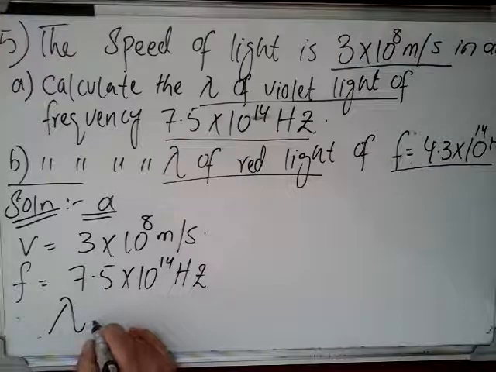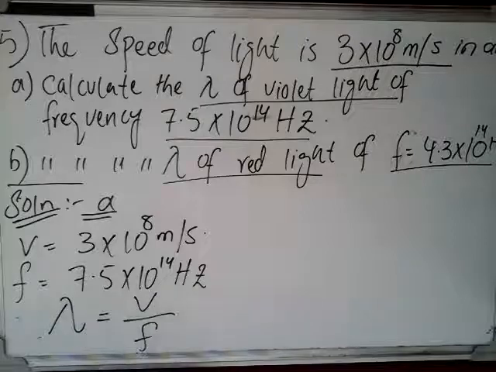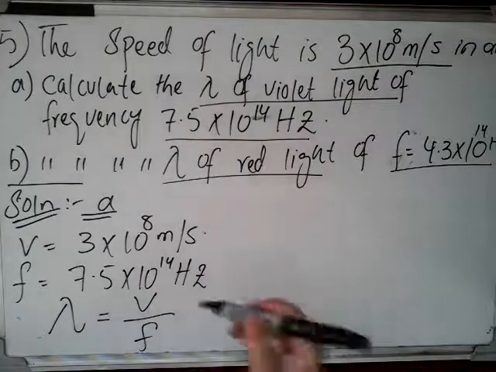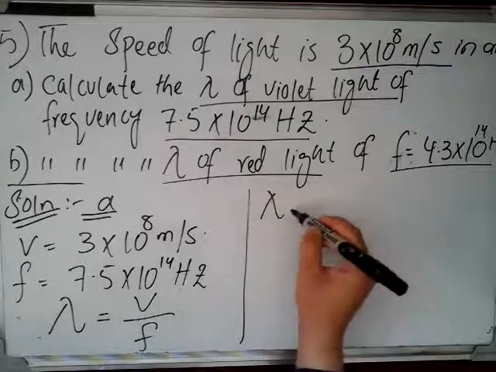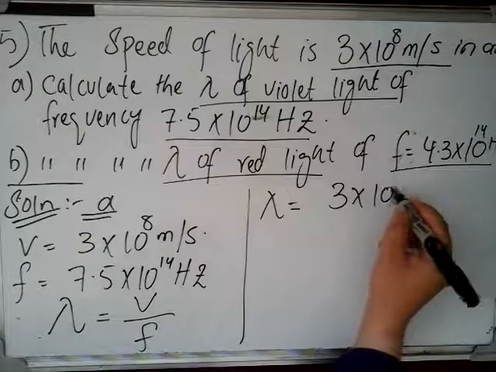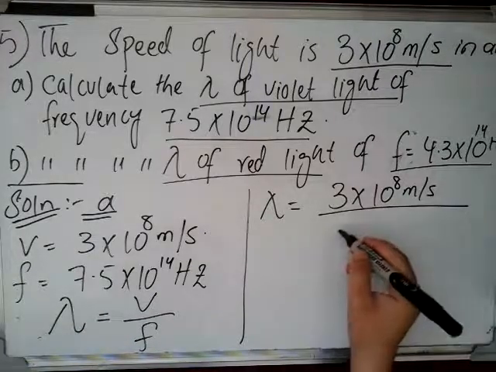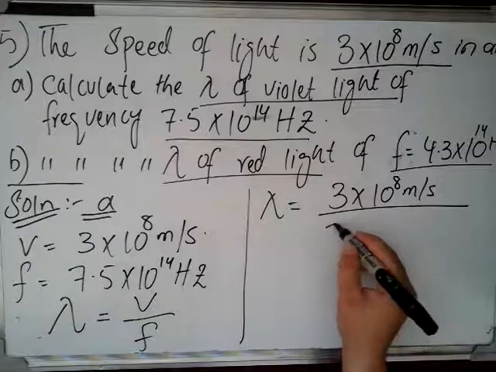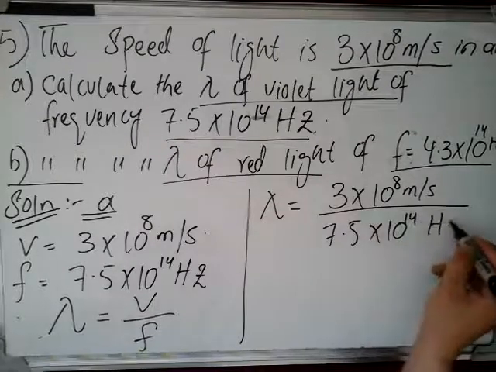We are going to find the wavelength, which is equal to speed over frequency. Is that clear? As we have already done this, we will put the value of speed, 3 into 10 raised to power 8 meter per second, divided by the frequency, 7.5 into 10 raised to power 14 hertz.